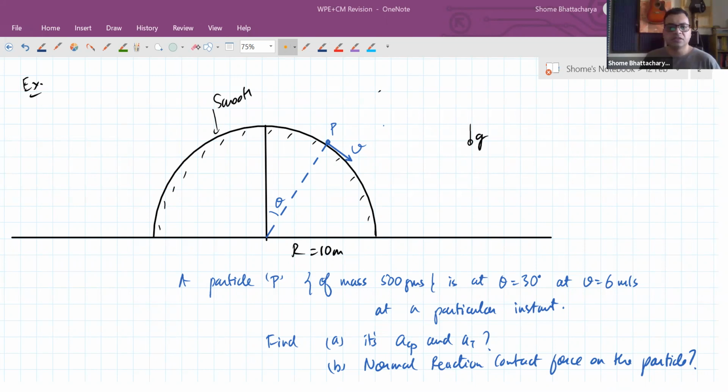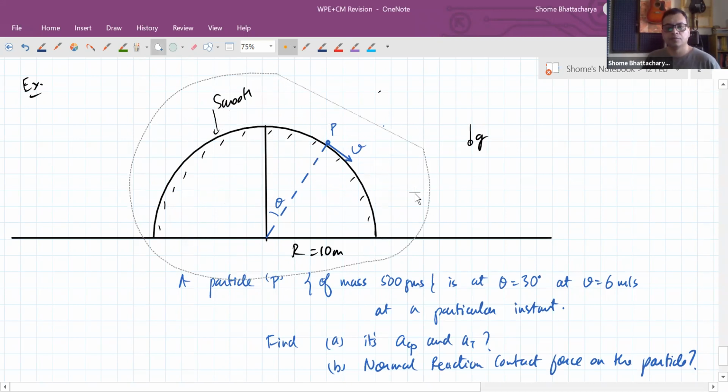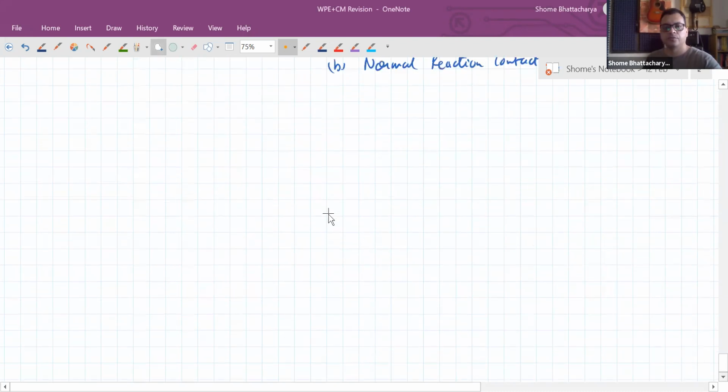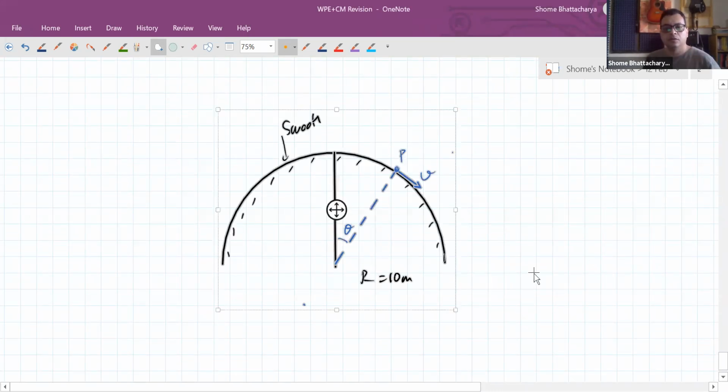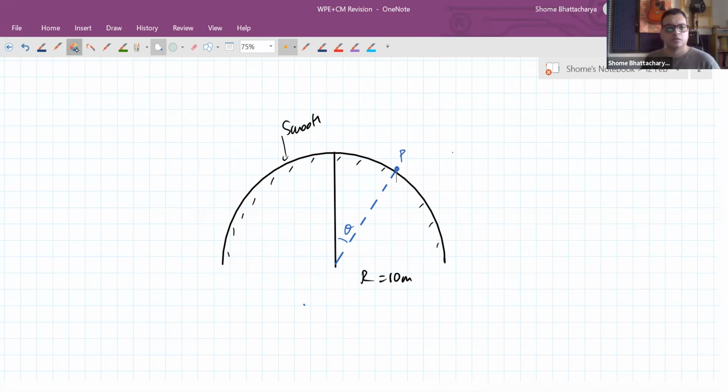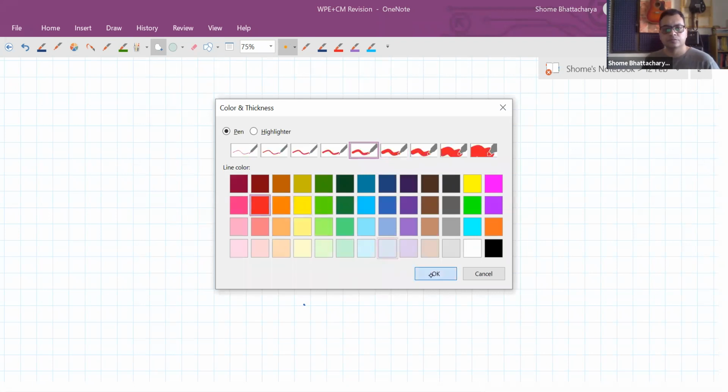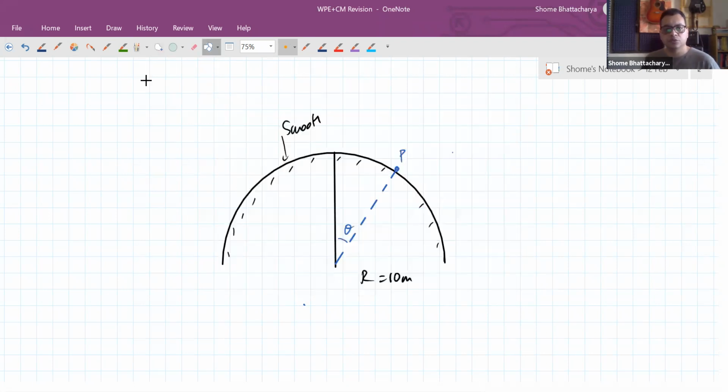Okay, so let's understand this question with a detailed free body diagram first. So at this particular moment, you can see that the forces acting on the particle are going to be two in number: the weight vector, which is like this, and the normal reaction vector, which is like this.